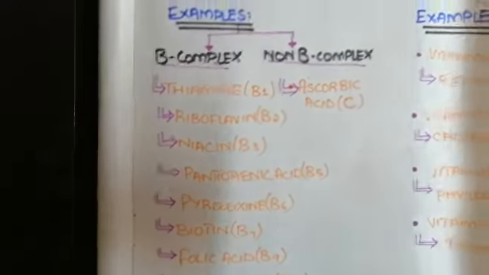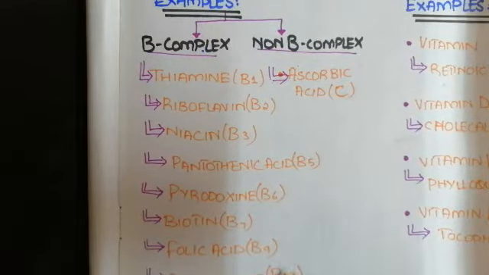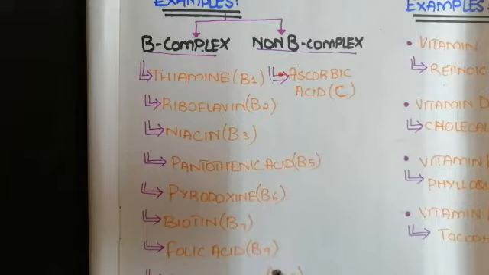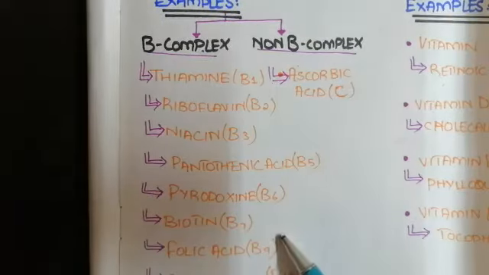These B complex vitamins are very important coenzymes and cofactors for many of the reactions occurring in the body, mostly of the macronutrients, that is the carbohydrate metabolism, amino acid metabolism. These metabolisms require coenzymes in the form of the B complex vitamins, and the deficiency of B complex vitamins will cause many deficiency diseases.